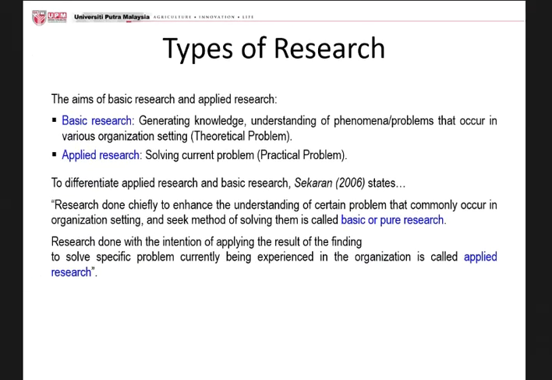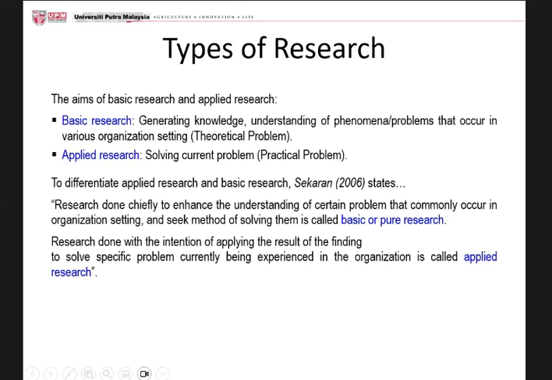Under research, you can have basic research, generating knowledge and understanding of phenomena and problems that occur in various organizations. And then you can have applied research, solving current, practical problems.